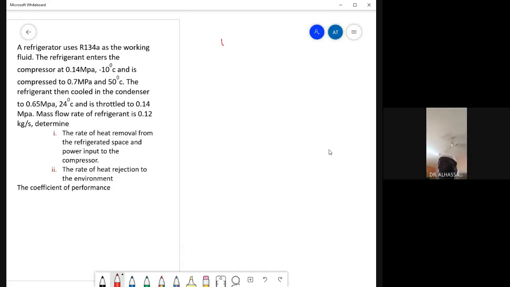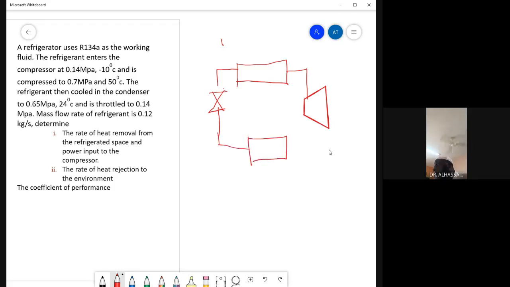So in every refrigerator, we have this is the compressor. We have the throttle valve, and then we have the evaporator like this.